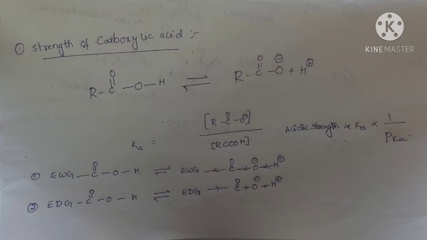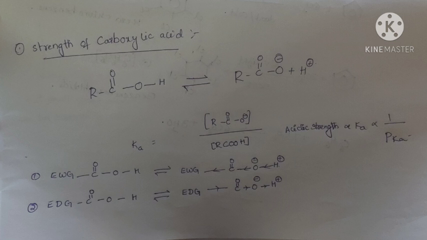Electron withdrawing groups, here the electron withdrawing groups are the groups attached to CO double bond O and OH. The direction is towards the electron withdrawing group, so it carries a partial positive charge. An electron withdrawing group stabilizes the acid anion and increases the strength of acid, so a negative I group increases the strength of acid. So the strength of acid is directly proportional to the minus I power of the group present on COOH.